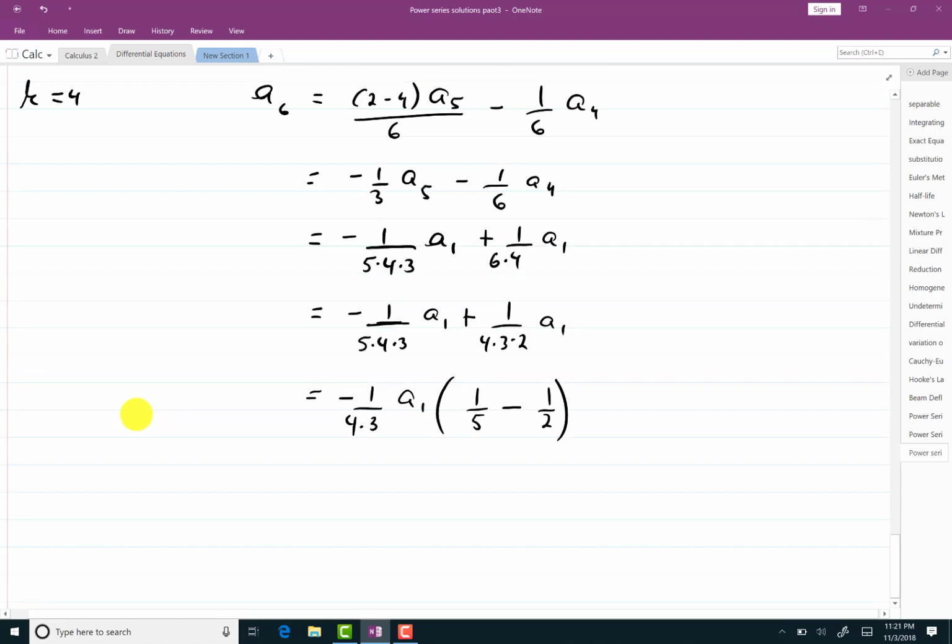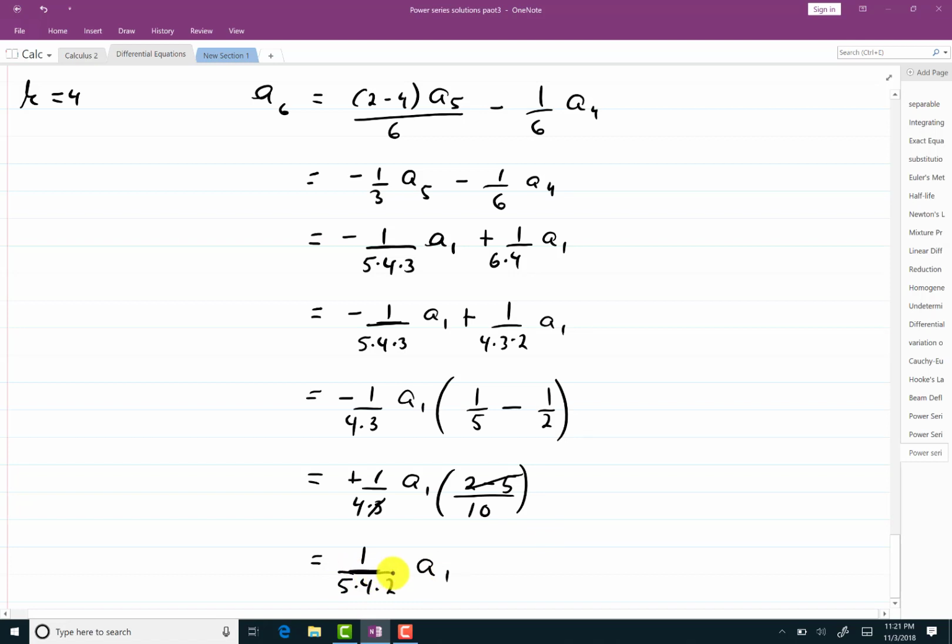Here then, when I do this, I get 2 minus 5 all over 10. 2 minus 5 equals negative 3, so what I can do is make this a plus, take that out with that, and then it looks like I'll have 1 over 10 is 5 times 2, so I can do 5 times 4 times 2 a sub 1.